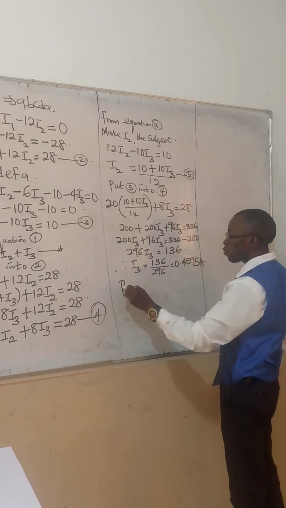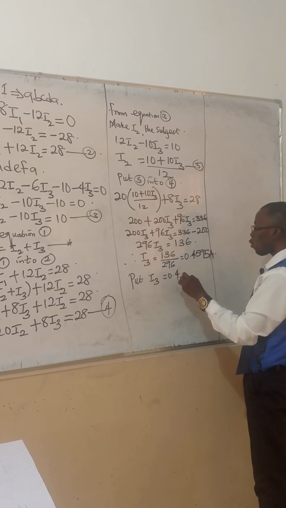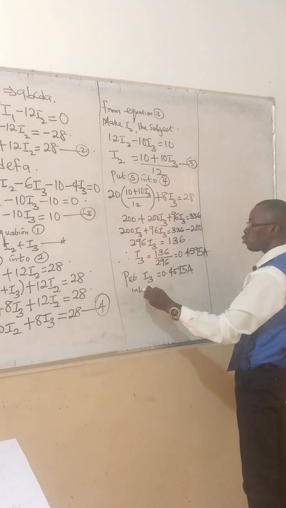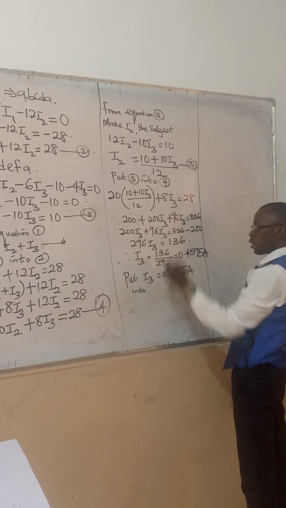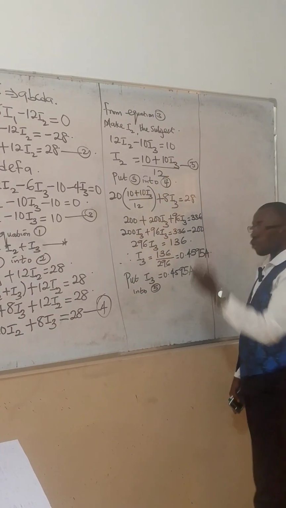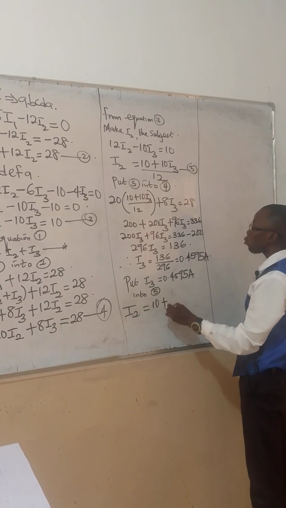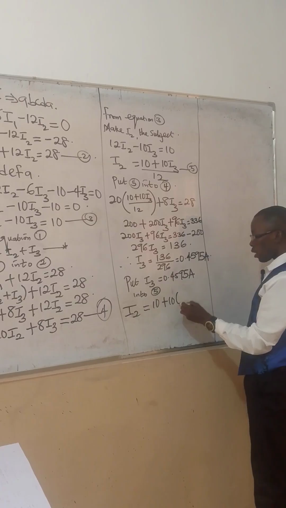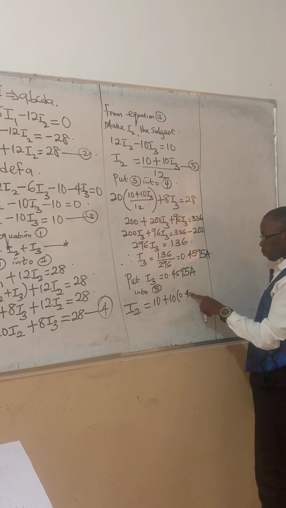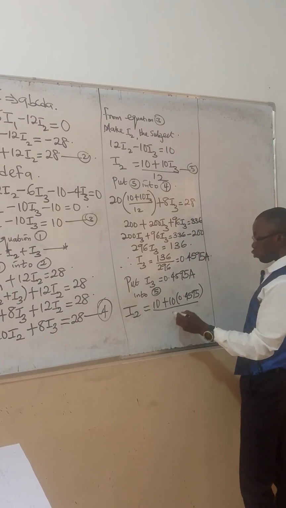So you can put I3 equals 0.4595 ampere into equation 5, because equation 5 is giving us the value for I2. So I2 will be 10 plus 10 times the bracket of I3, which is 0.4595, over 12.